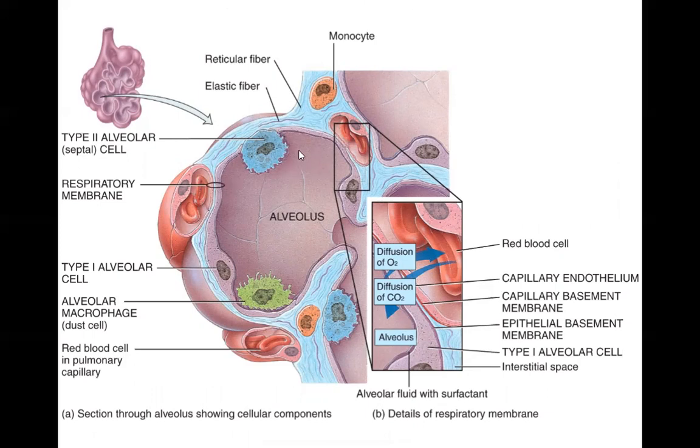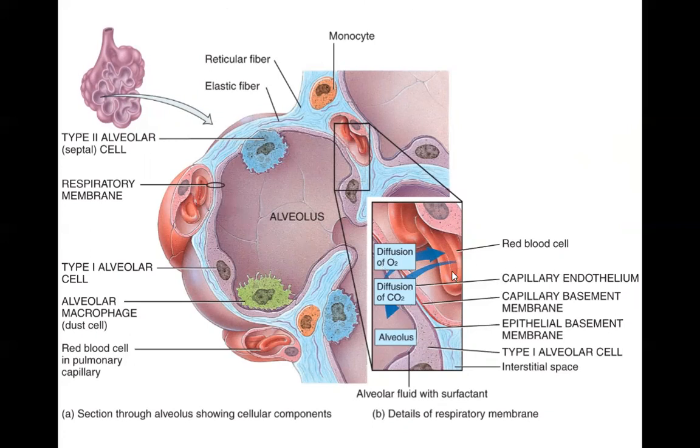What we are looking at here is just a sectioned open alveolus. We see that it's kind of a hollow ball-like structure with blood capillaries around it on all different sides. The place where the oxygen has to go through and into the blood is this respiratory membrane, CO2 going in the opposite direction from our blood into the alveolus.